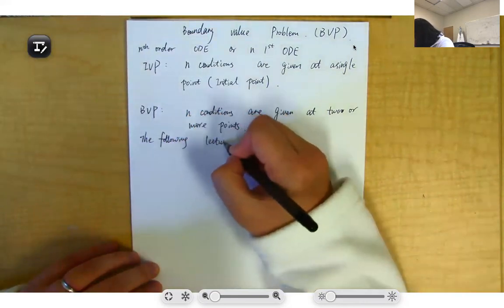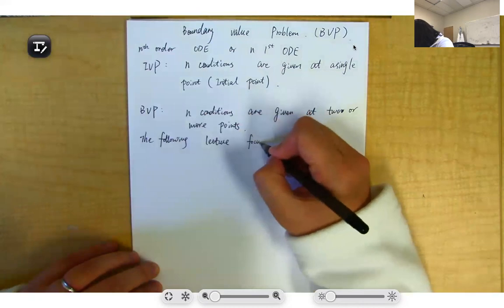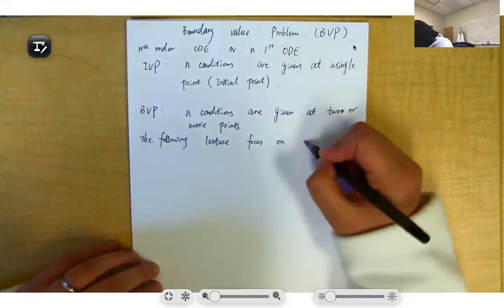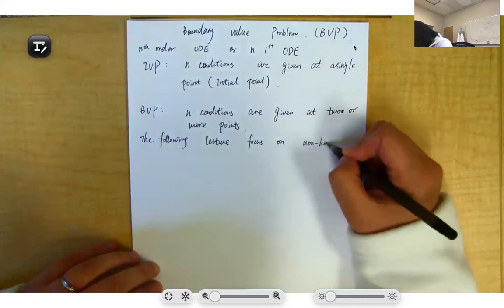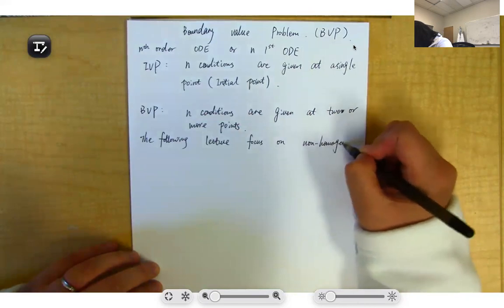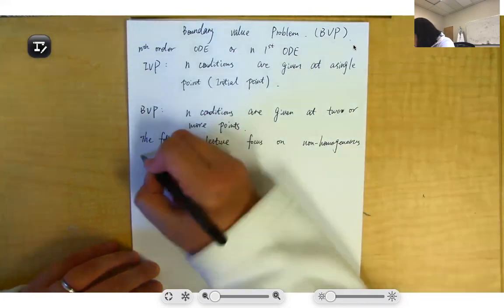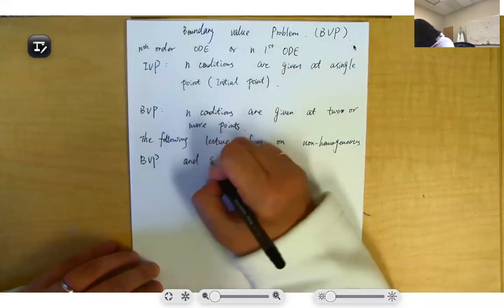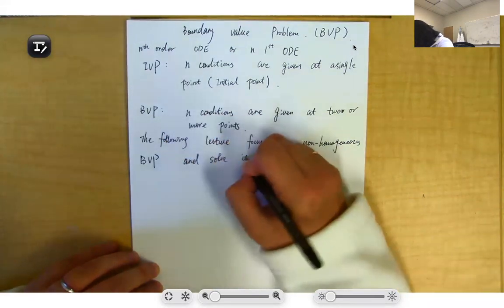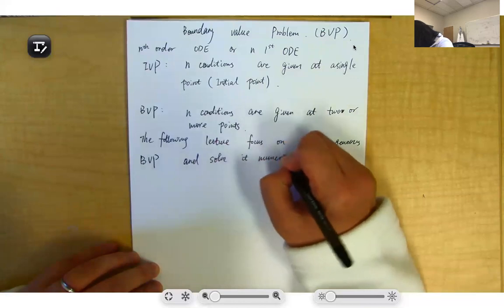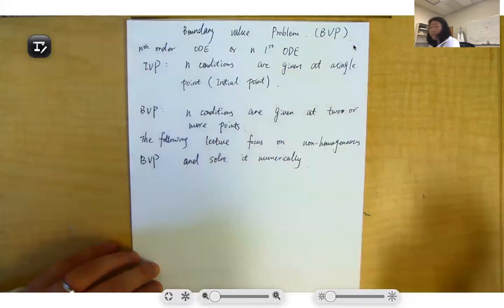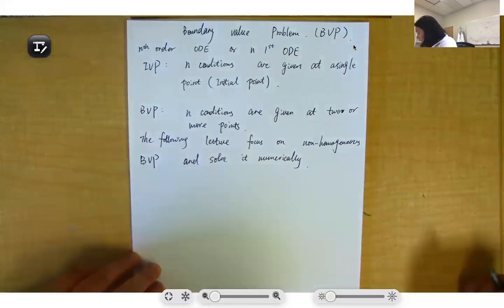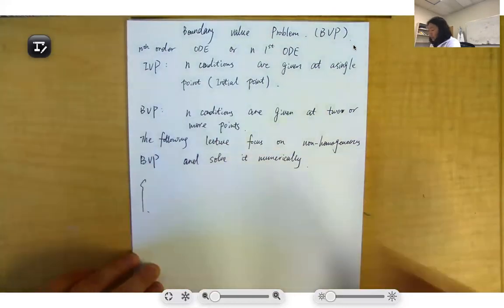The following lecture will focus on non-homogeneous BVP, and we will solve it numerically. How do we solve that numerically?